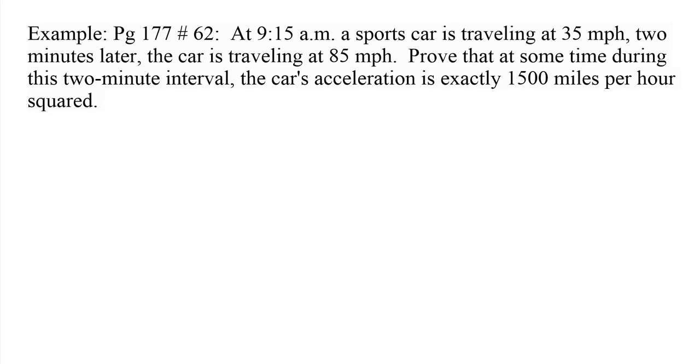All right, example 170, page 177, number 62. At 9:15 a.m., a sports car is traveling at 35 miles per hour. 2 minutes later, the car is traveling at 85 miles per hour. Prove that at some time during this 2-minute interval, the car's acceleration is exactly 1,500 miles per hour squared.